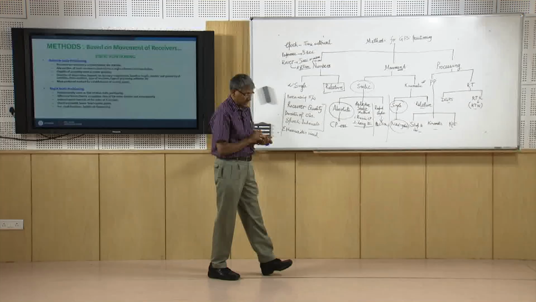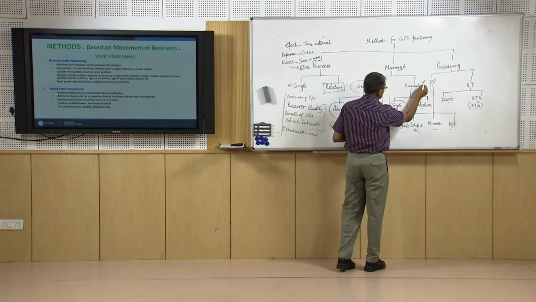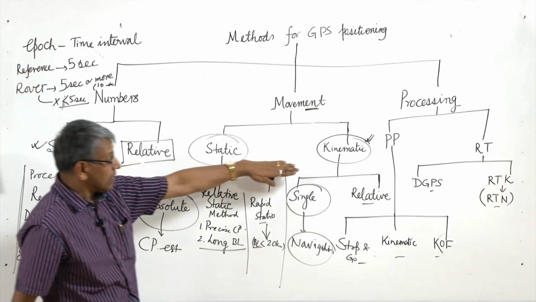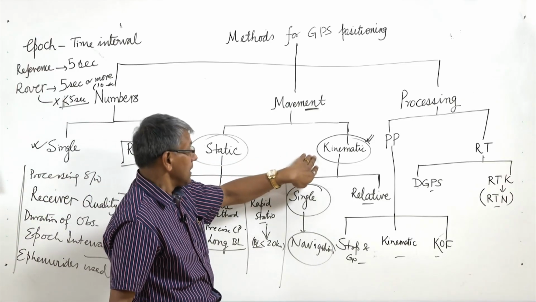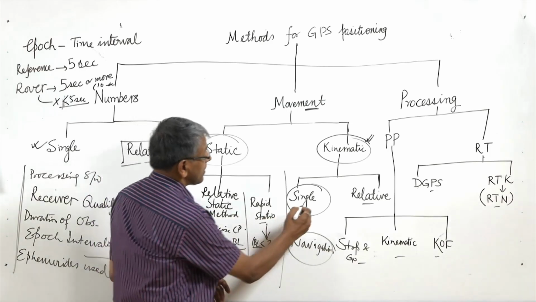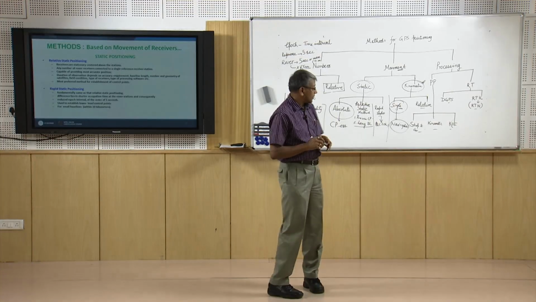Now let us go to the kinematic method of GPS surveying. As I told you, in this case at least one of the receivers will be in a movement condition, and already I have discussed single receiver kinematic positioning.